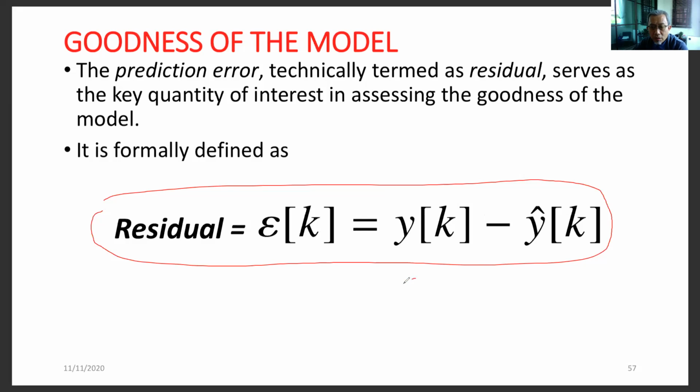So this is the actual value, and this one is the estimated or predicted value. Estimated, prediction, simulation, approximation are the same words used in the books. The difference between y and y cap, we call a residual. The best residual, of course, is the zero value.